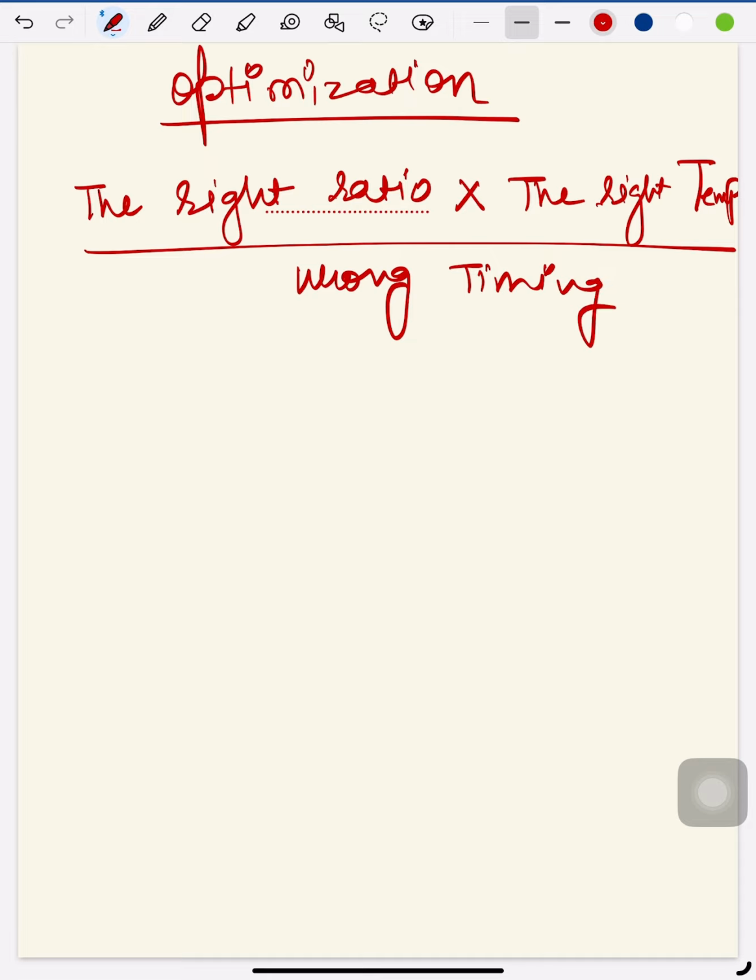So right ratio, right temperature, wrong timing, fail, right? But if you want it correct, we make the dosa on an optimization curve. Right ratio, right temperature divided by the wrong timing. But you get the balance right. So math can serve you a perfect dosa, right, with the overall formula.